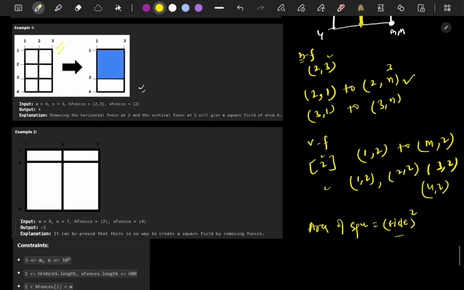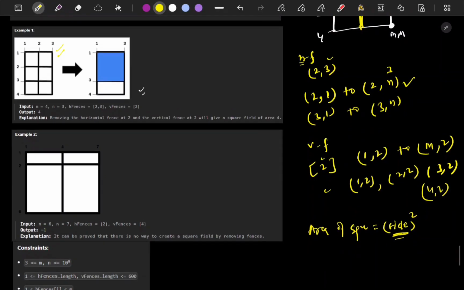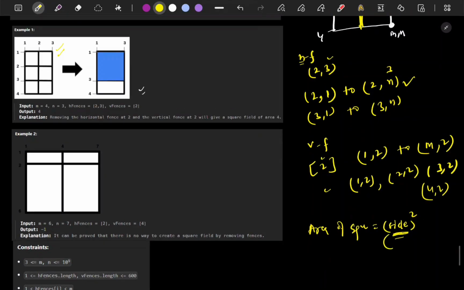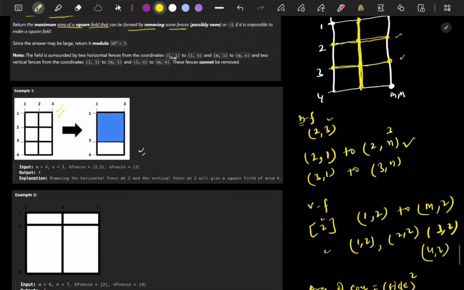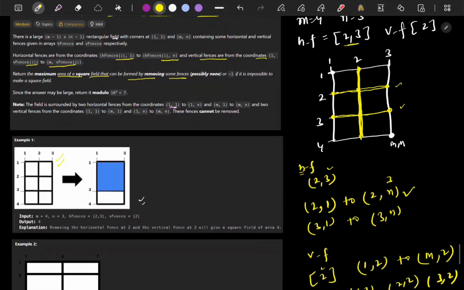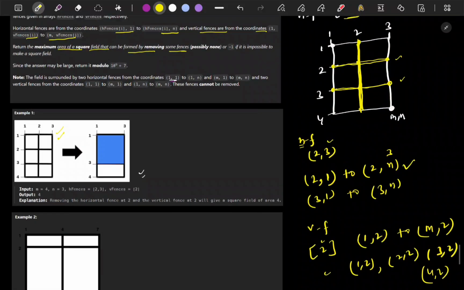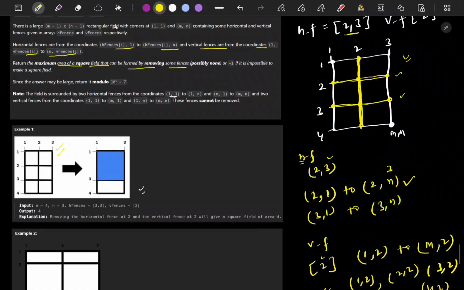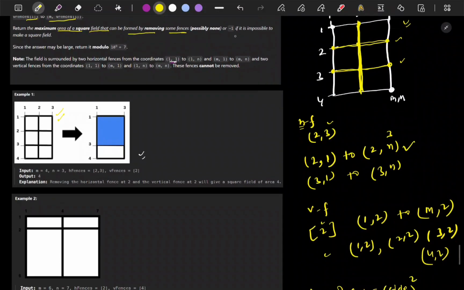So basically our question is to find the maximum side, because if we get the maximum side, the area will be maximum. We have to make a square and return the maximum area. If it's impossible to make a square field, we have to return -1.